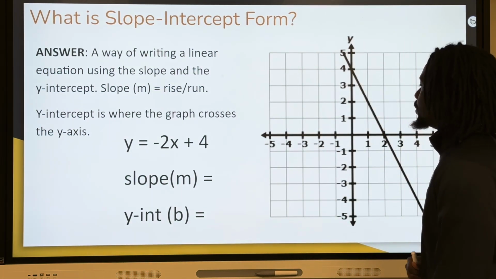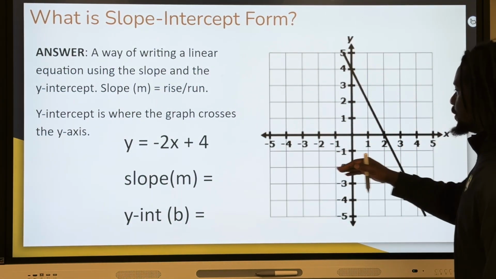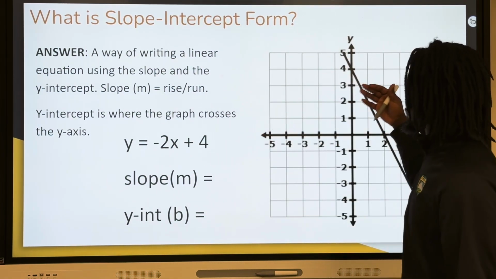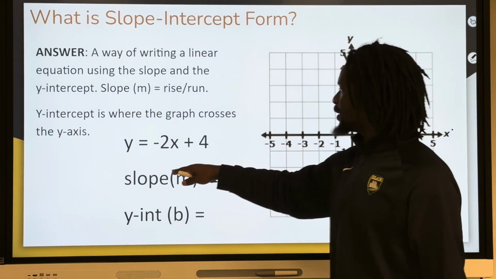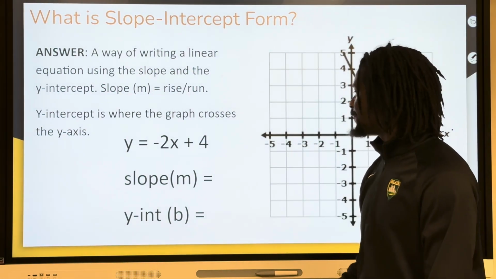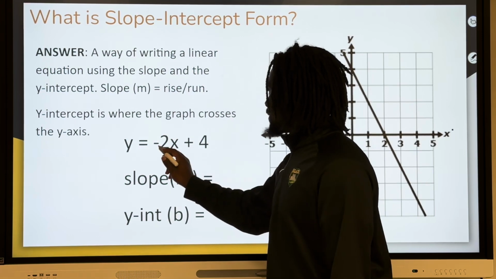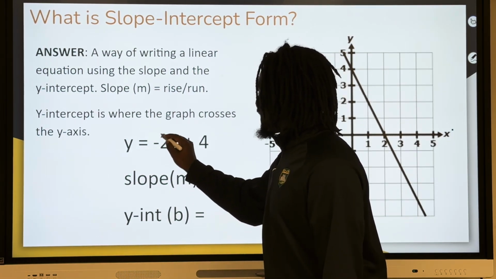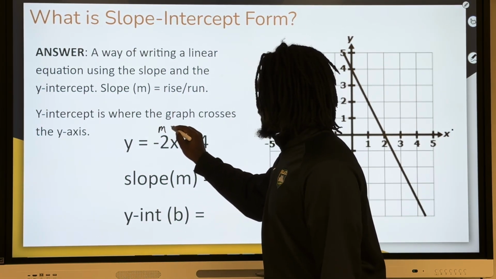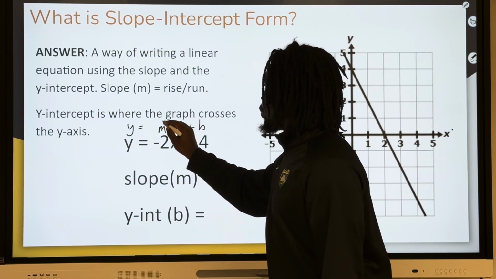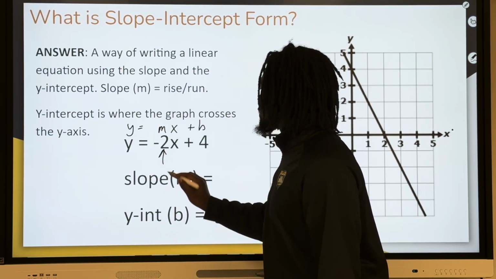So I have this equation written in slope-intercept form, y equals mx plus b, where m is the slope.